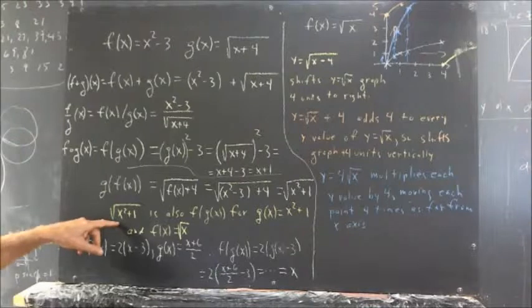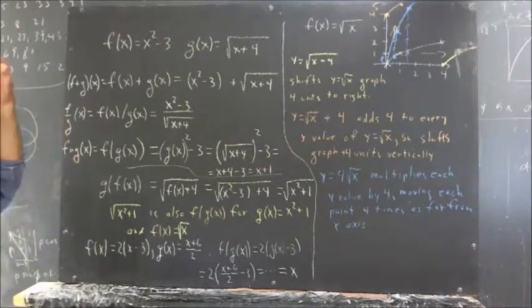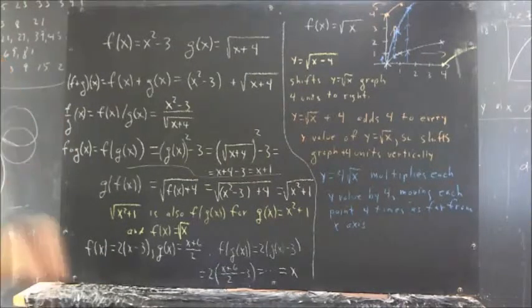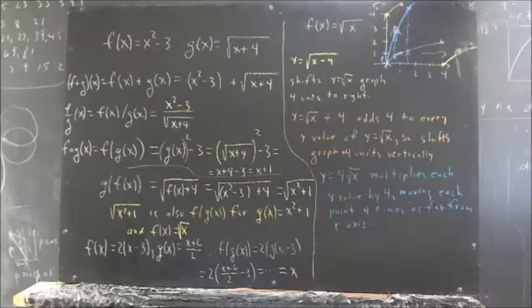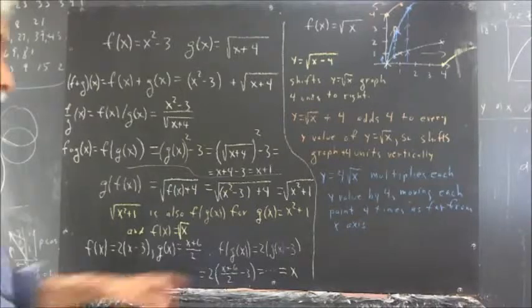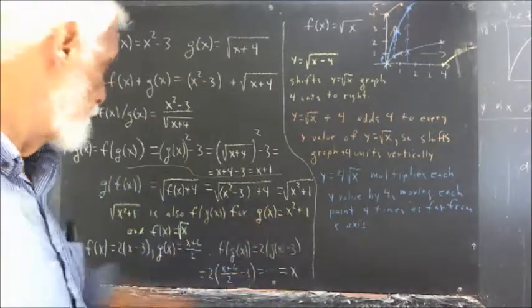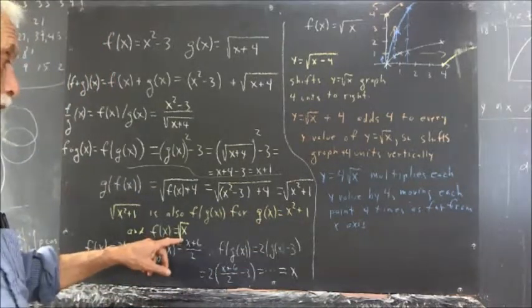The square root of x squared plus 1 is also, it turns out, the composite of what? Of g of x equals x squared plus 1 and f of x equals the square root of x.